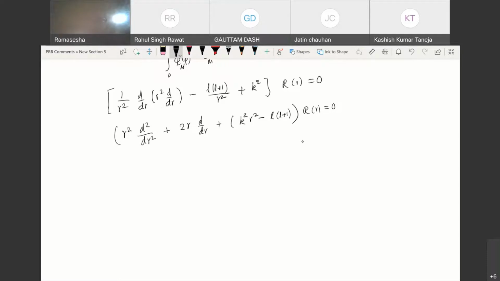So you see that before differentiating, k squared becomes k squared r squared. This r squared d squared R by dr squared plus 2r d by dr plus k squared r squared minus l into l plus 1 times R of r. Okay. So this is very similar.